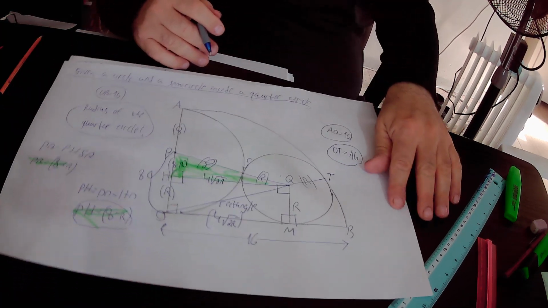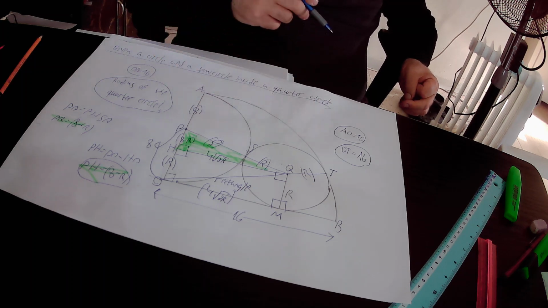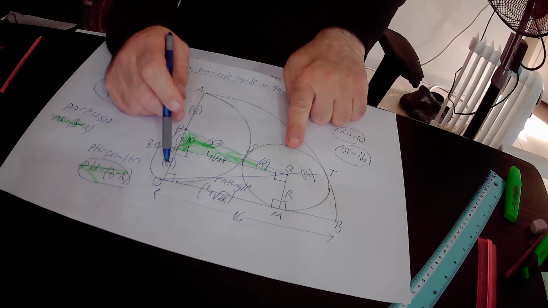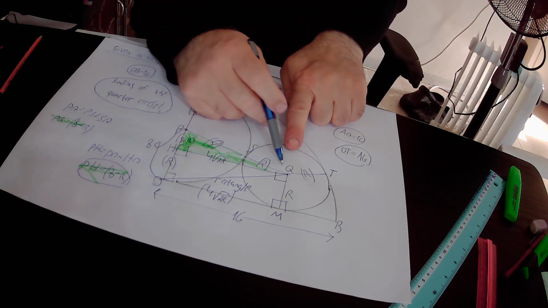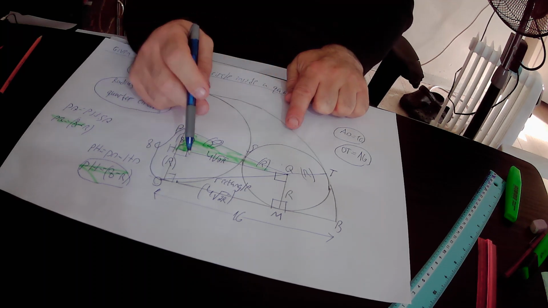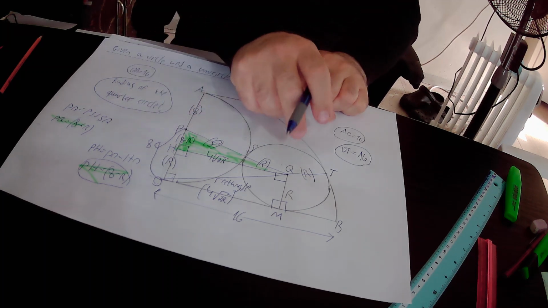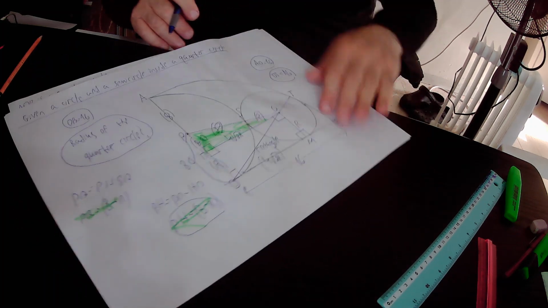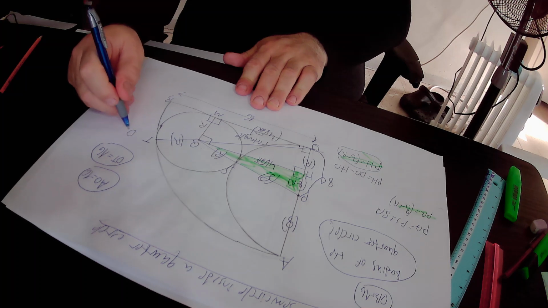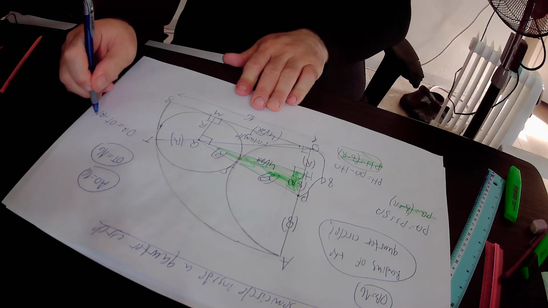And we have already found out that OQT is one straight line according to rule 9. And therefore, this line segment OQ must be equal to OT minus QT. Because OQT is one straight line, it means that OQ equals OT minus QT. So write it down: OQ equals OT minus QT.